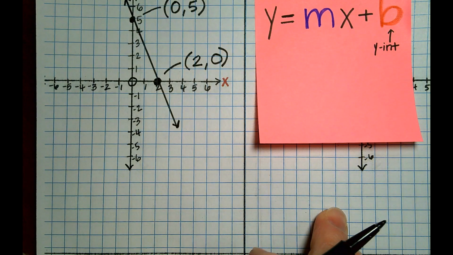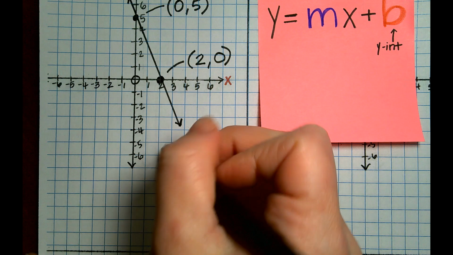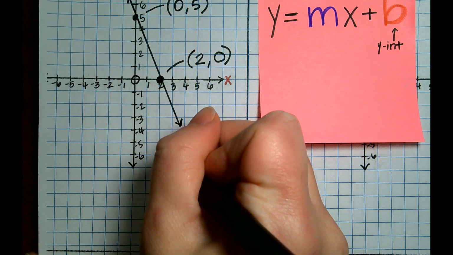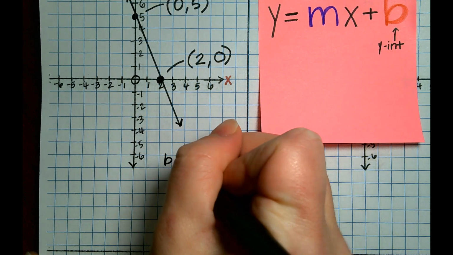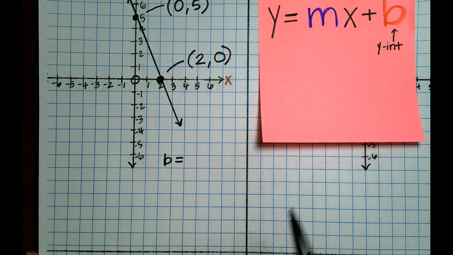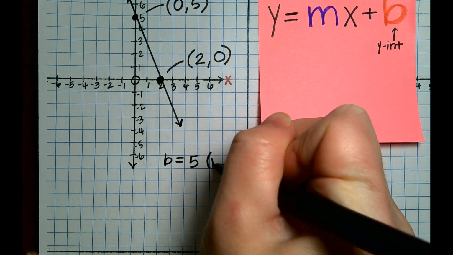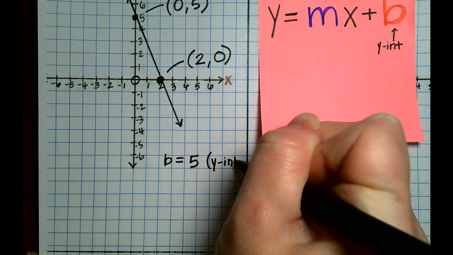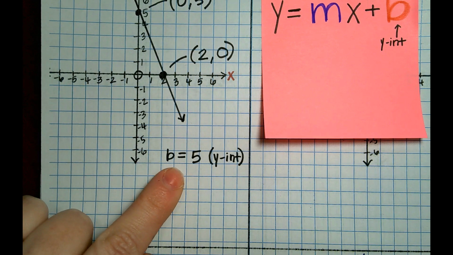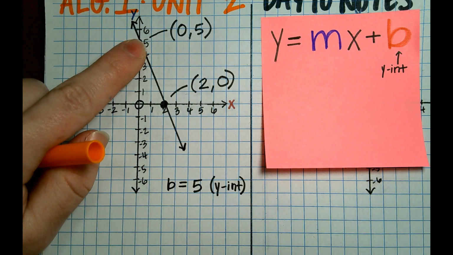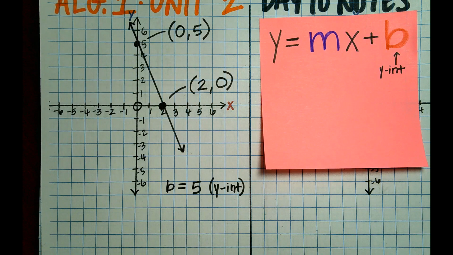So under my graph, I'm going to write b equals 5, because that's our y-intercept. That is where we touch the y-axis at 5.